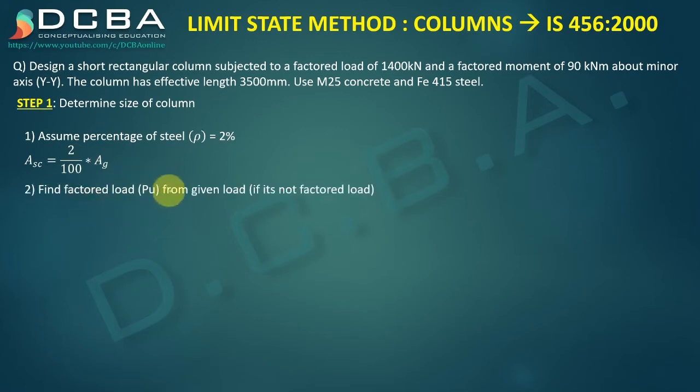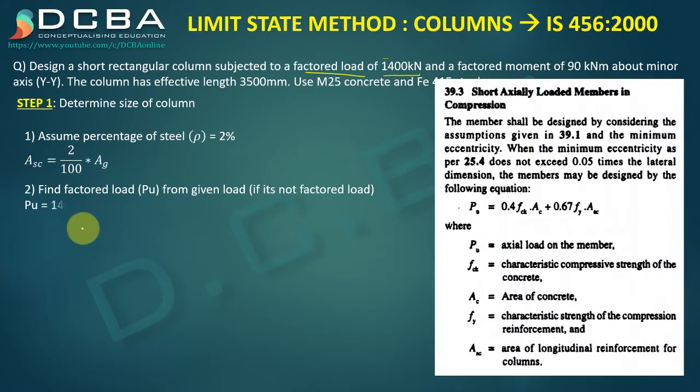Then we need to find the factored load from the given load if it is not factored, and here it is saying that it is already a factored load and the self weight and everything is considered into that. So PU is directly given. Then we can use this formula in clause 39.3 to find the gross area AG: PU is equal to 0.4 FCK AC plus 0.67 FY ASC.